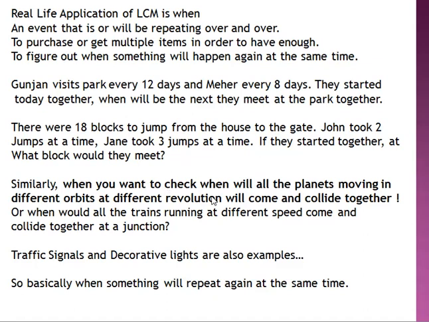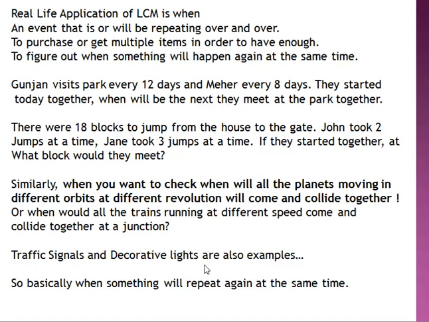Similarly, when you want to check when all the planets moving in different orbits, with different revolutions, will come and collide together. Or when would all the trains running at different speeds come together at a junction? This could be helpful in traffic signals and the decorative lights that we see in Diwali or Eid or Christmas, where all the lights have different blinking patterns, and then at one point they all come on together.